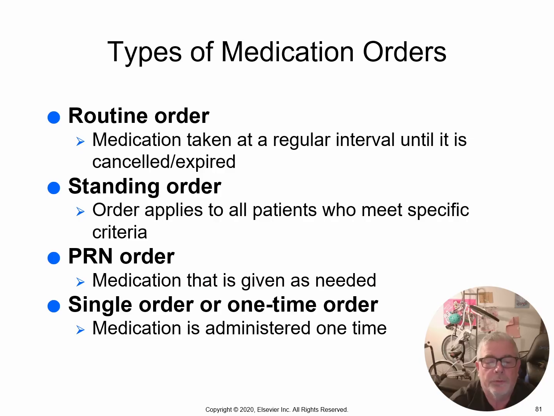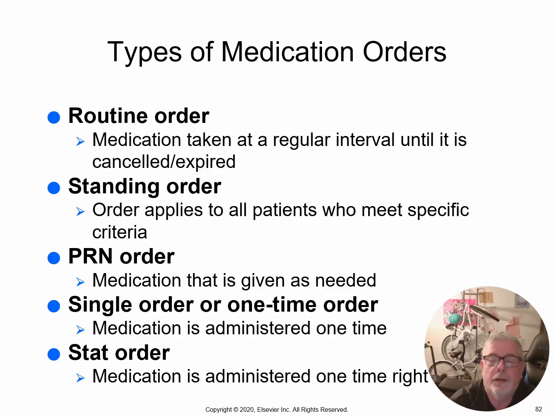A single order, a one-time order, means the medication is administered just one time. A very common medication would be something like Diflucan, which is prescribed for yeast infections. It's a single one-pill dose, which usually is enough. And a stat order means that medication needs to be administered right now, as soon as possible, because that's usually dealing with an emergency situation.